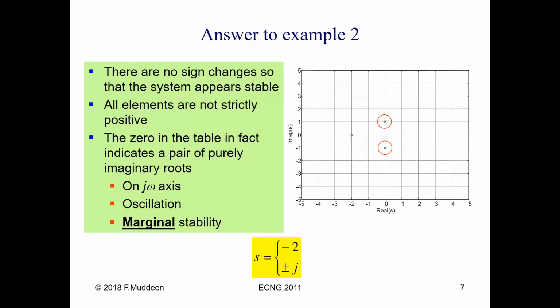Our system is not really fully stable or unstable, it is marginally stable, so to say. This being that the borderline for stability is at S equals 0 with respect to the left hand and right hand planes accordingly.